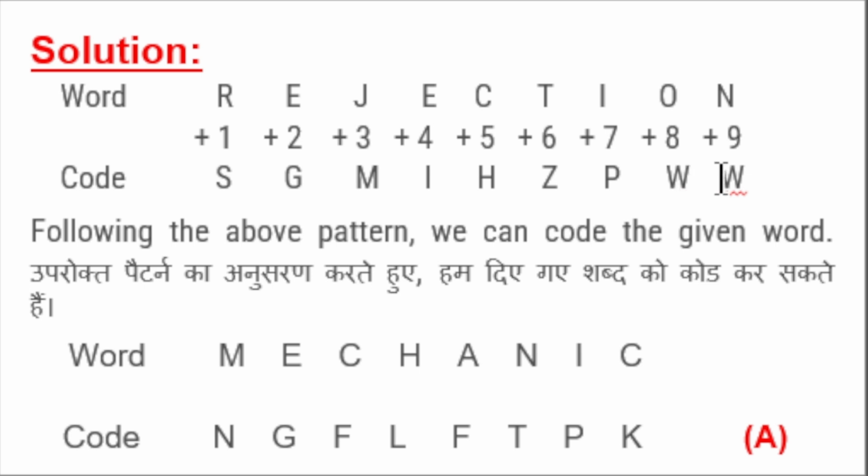Similarly, we get W after N after 9 letters: O, P, Q, R, S, T, U, V, and then W. That means W is the 9th next letter. So we'll apply the same pattern in the word given, that means mechanic.